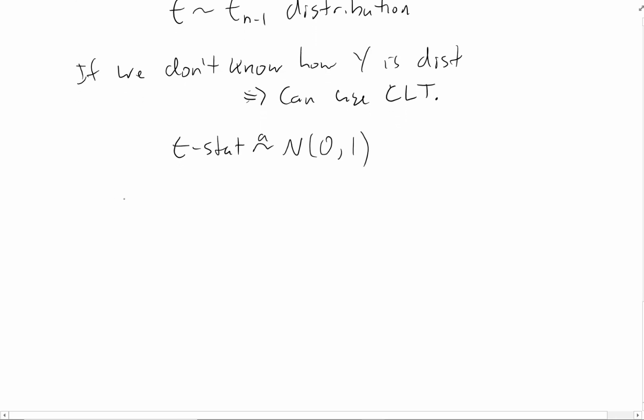Knowing how this t-statistic is distributed allows us to come up with either the critical values to know whether to reject or fail to reject the null, or alternatively, it allows us to compute the p-value of the t-statistic, and we can use that to know whether we can reject or fail to reject the null.